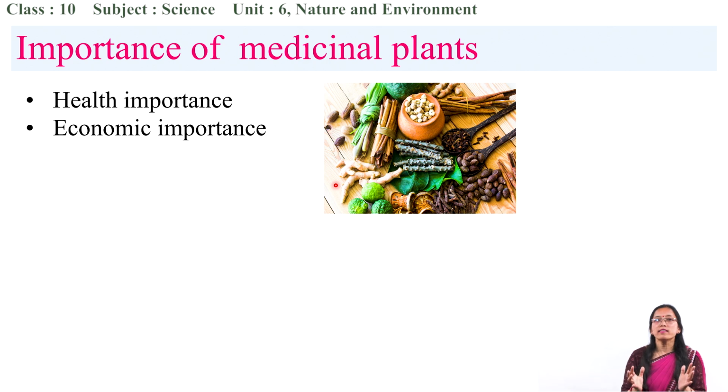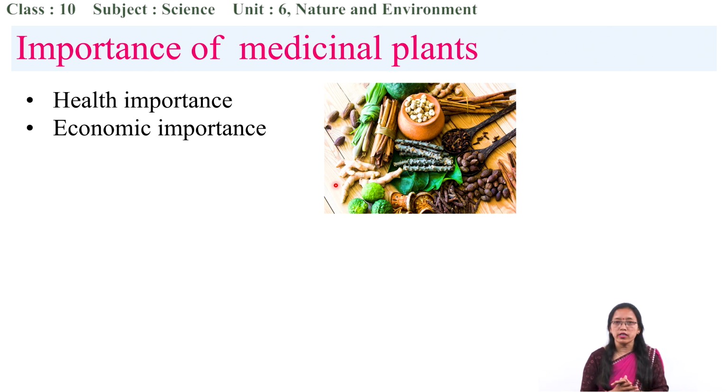See, when different kinds of medicinal plants are grown in our country or in our home also, we can make Ayurvedic medicine or we can sell them as raw material for Ayurvedic medicine. That helps to earn money. That means we are improving our economic condition.